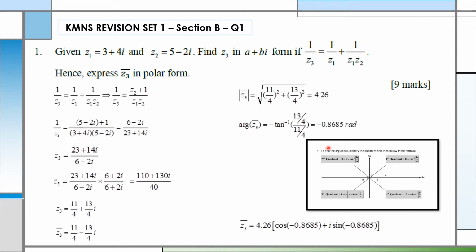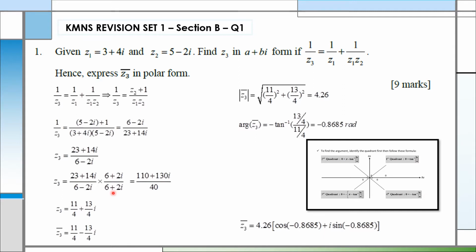Always remember that argument must be in radian unit, and there are 4 different formulas to find the argument. Since our Z3 bar here is in the 4th quadrant, I am using the 4th quadrant formula. You can find this in your lecture topic 1, number system.